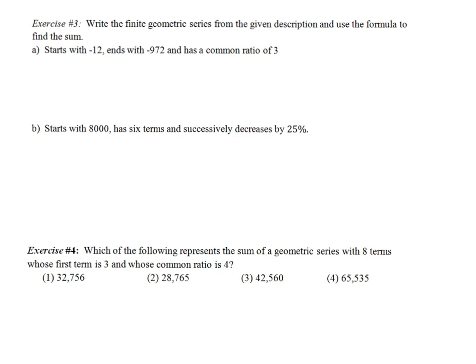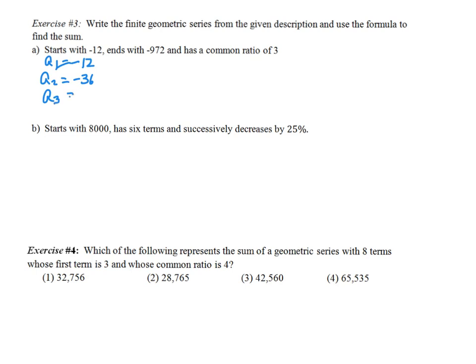So for exercise number 3, we want to write the finite geometric series and then use the formula to find the sum. In part A, we want to start with -12, end with -972, and have a common ratio of 3. So that tells me that this time A1 is equal to -12, A2 is equal to, multiply by 3, so negative 36.